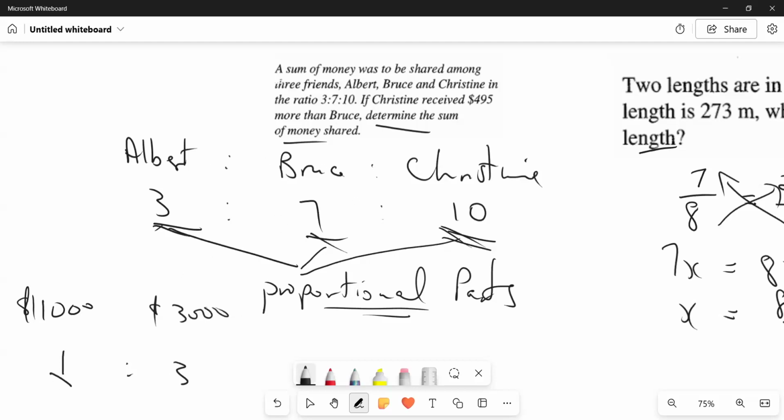So it's like this person received 1 proportional part, and this person received 3 proportional parts, right? So the same thing is going on here. If you were to take the sums of money that Albert, Bruce, and Christine received individually, and reduce them using the highest common factor, you will be able to reduce them to 3, 7, and 10, right? Think you get that?